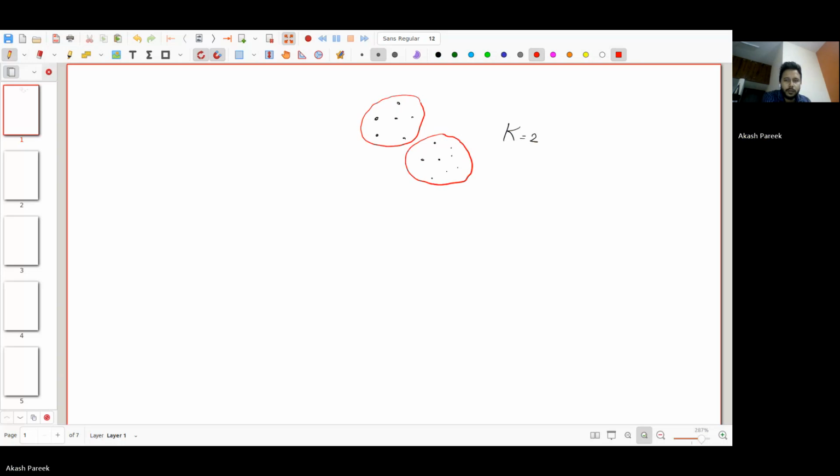Given this set of points and given k, you find that number of clusters. Suppose for this case this is the optimal cluster, but you might not end up with the optimal cluster just because k-means is NP-hard, because the problem involves a combinatorial search over all possible partitions of the data points into k clusters. So let us just formally define this problem.